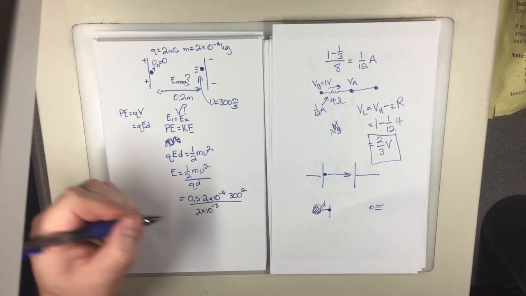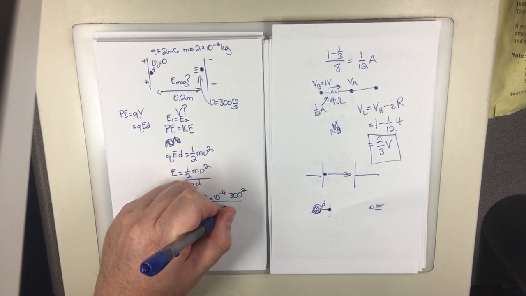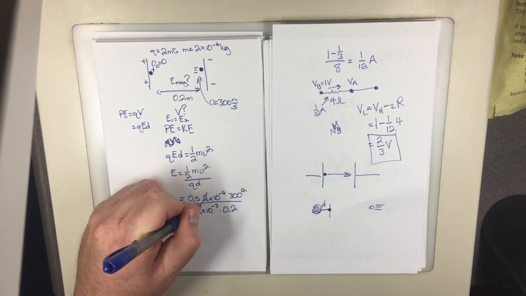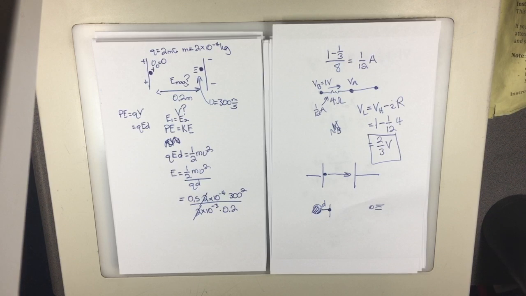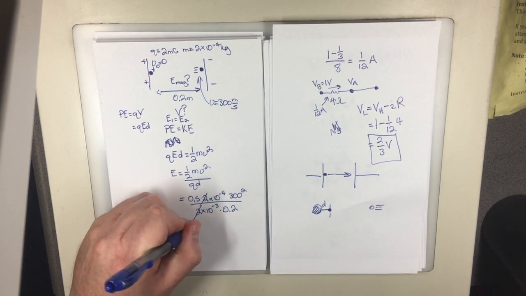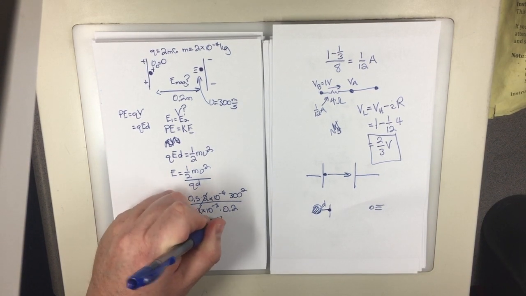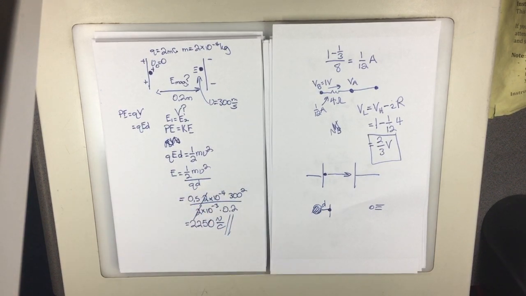For those of you who have never taken my course before, I'm a huge fan of stuff canceling out. 2 cancels with that 2. 0.5 times 10 to the negative 4 times 300 squared divided by 2 times 10 to the negative 3. And I get 2250 newtons per coulomb, and by some miracle it's exact.